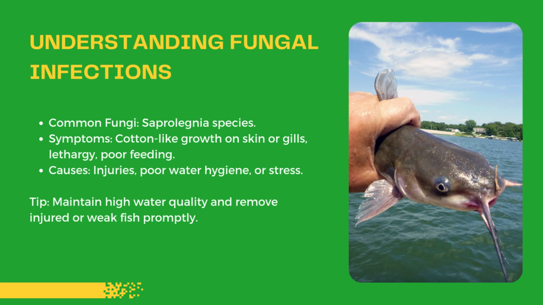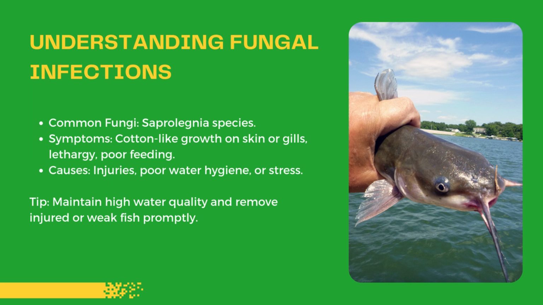Next is fungal. For fungi, we have the Saprolegnia species. It is a popular fungal infection. It's like a cotton-like growth on the skin of the fish or on the gills, right? And it leads to poor feeding. You will see that your fish are struggling to eat. What causes it? Poor water again. Injury.